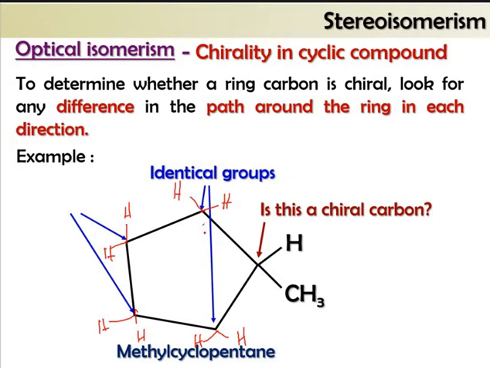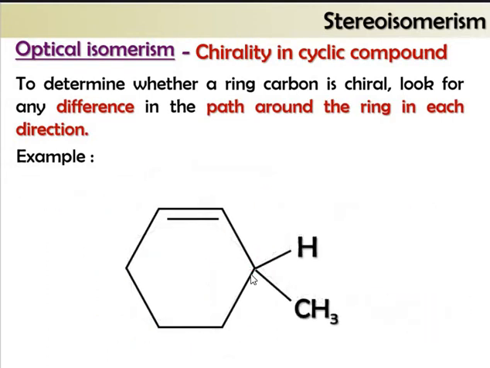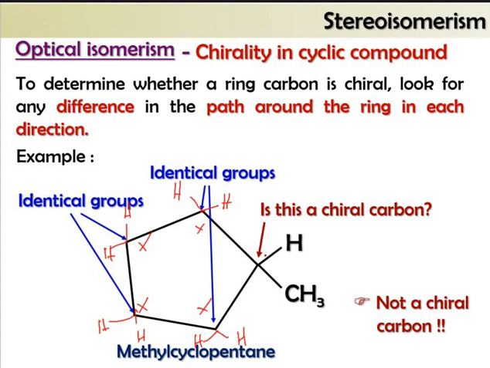Okay, so kita dah boleh abaikan dah this carbon. Okay, and then what about this carbon? Okay, kalau kita tengok carbon ni, dia ada hydrogen and CH3. Okay, lagi dua bond, iaitu another two bonded here, yang ni, another one here.